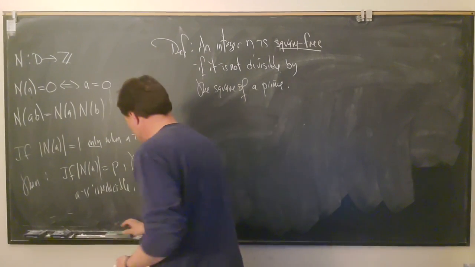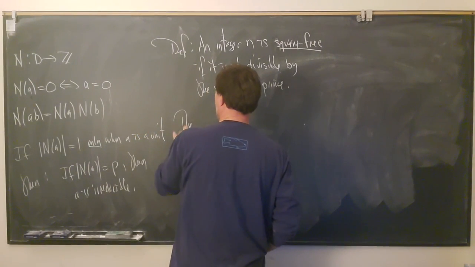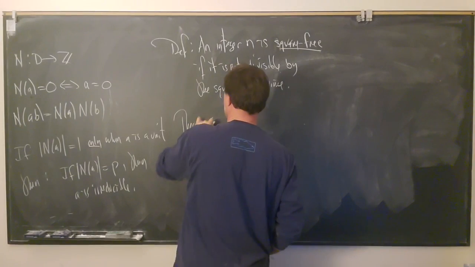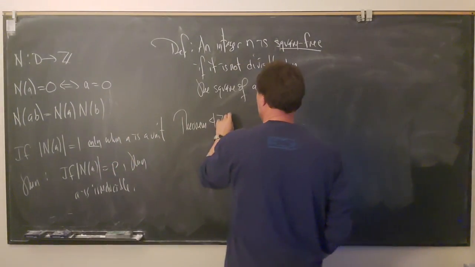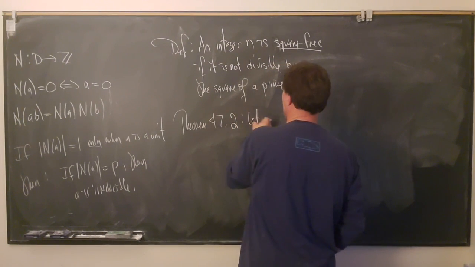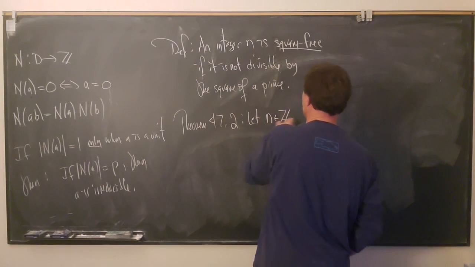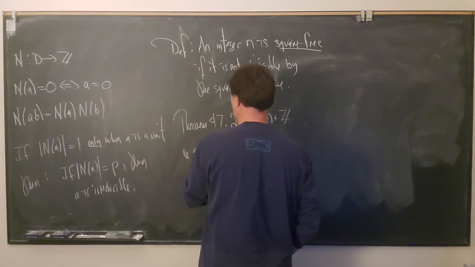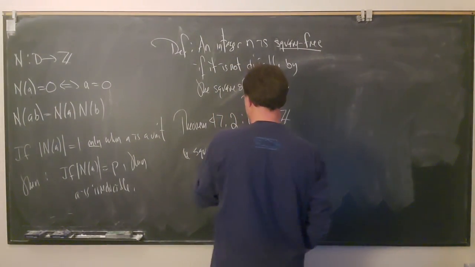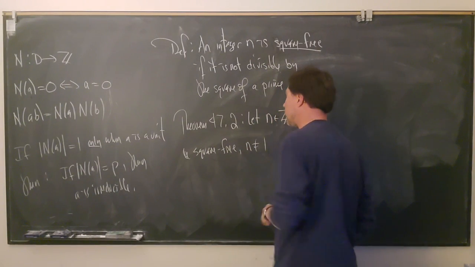Okay, so with this definition we can now state the following theorem. This is theorem 47.2. Let n in Z be square free, and n not equal to 1.